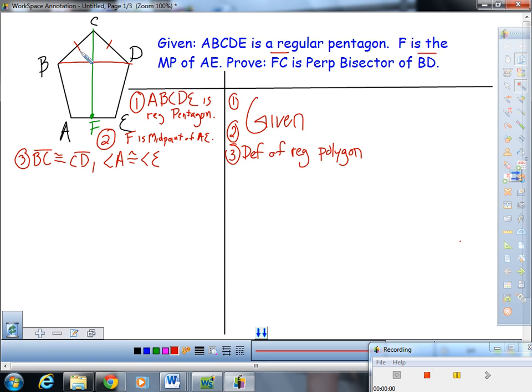Now I'm going to draw BF and DF. And my reason will be 2 points determine a line. And I'll sketch those pictures.